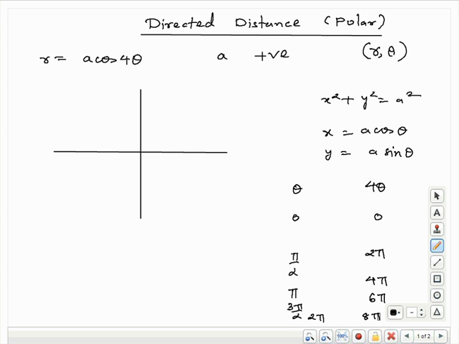In one full circle, 0 to 2 pi for theta, 4 theta can go from 0 to 8 pi.